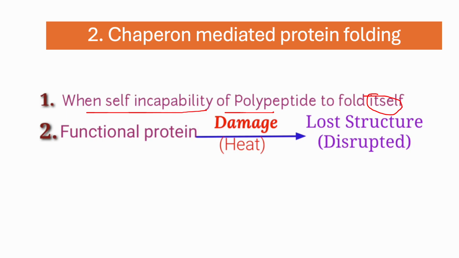In that case, chaperone helps them to fold correctly. Also in some cases a functional protein is damaged due to some environmental condition and loses its structure, which we call disrupted or denatured. In that case, chaperone can help to correct the misfolding into the functional structure.